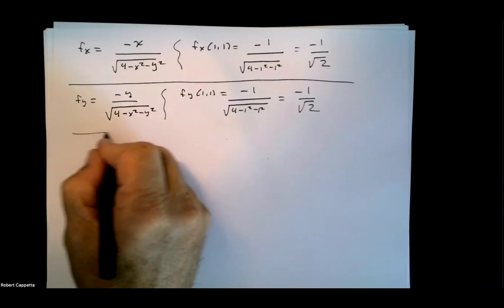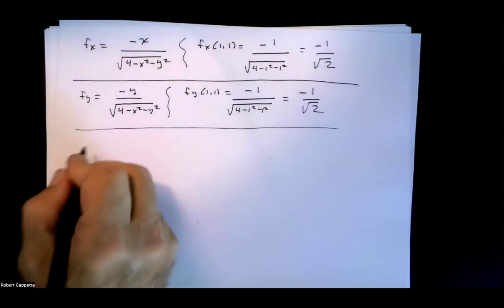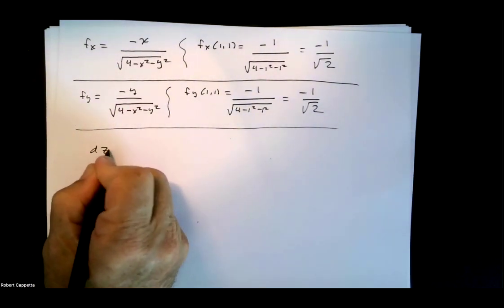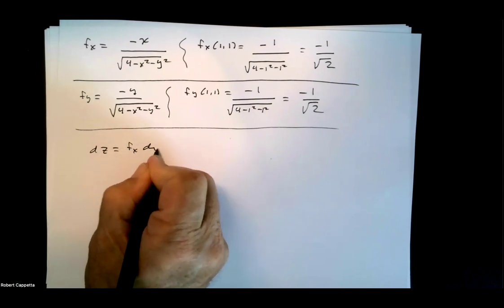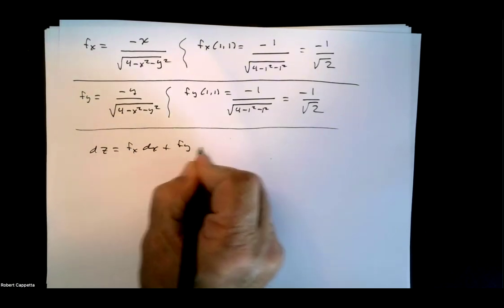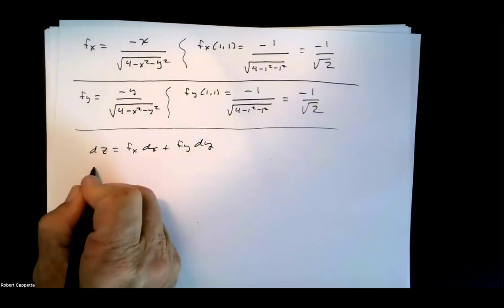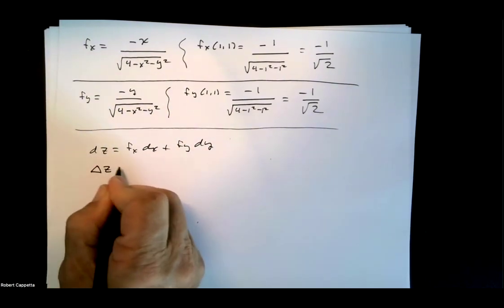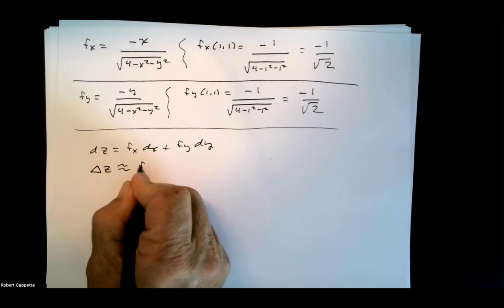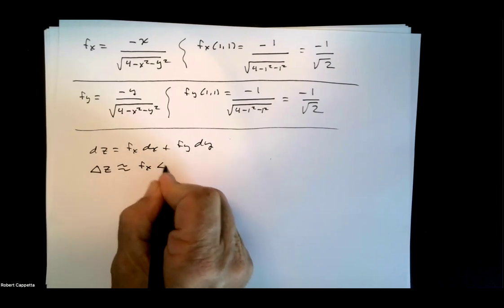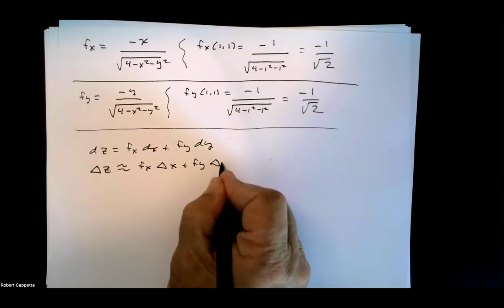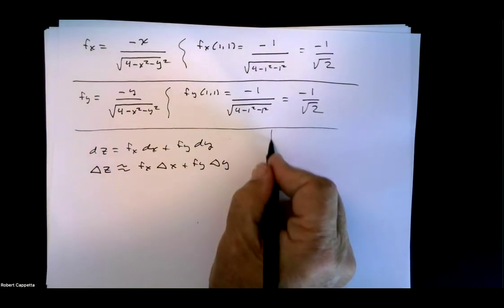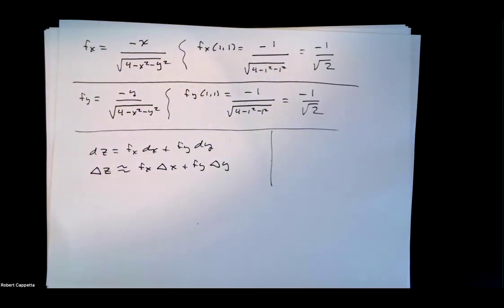So what was our rule? What was our total differential? dz was f sub x dx plus f sub y dy. So the change in z then should be approximately f sub x at that value times change in x plus f sub y times change in y. And let's recall what we said a little earlier.